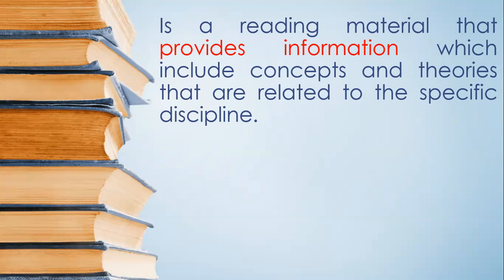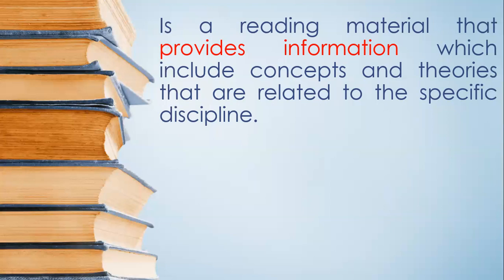Aside from that, academic texts can also be in the form of essays, theses, and any text that provides information. Always remember that since academic texts provide information, they include concepts and theories that are related to a specific discipline. And by discipline, we mean subjects.